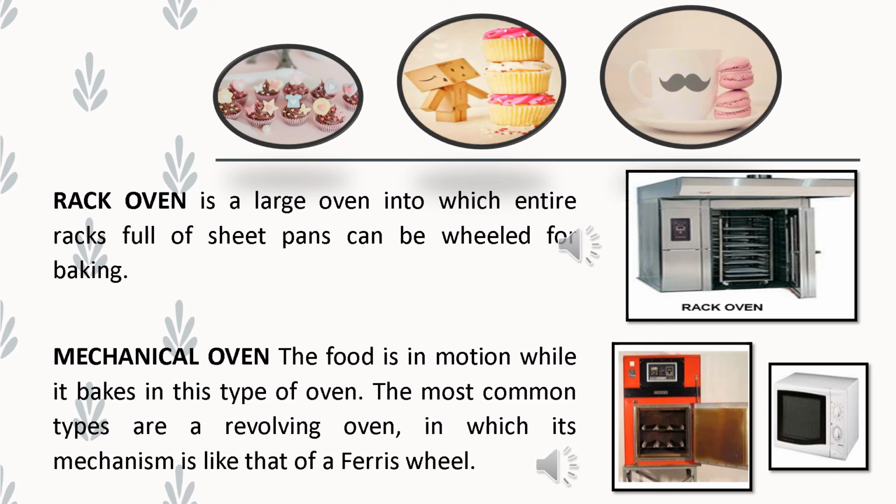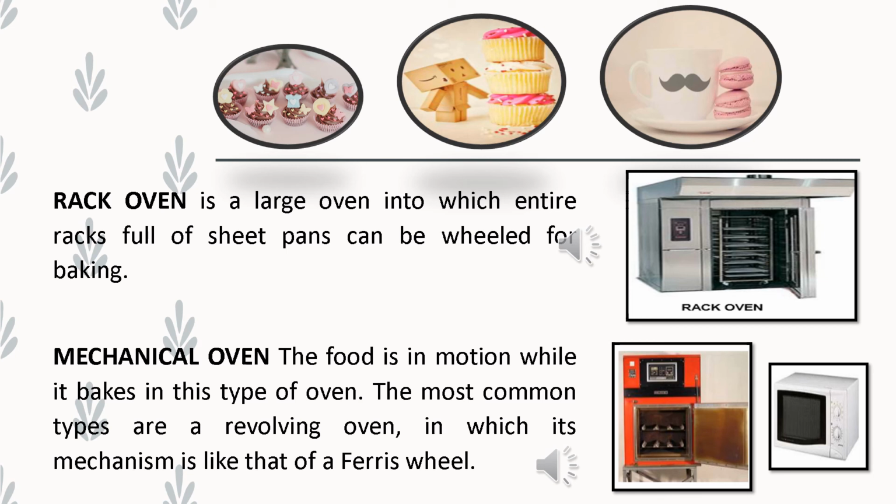Mechanical oven. The food is in motion while it bakes in this type of oven. The most common type is a revolving oven, in which the mechanism is like that of a Ferris wheel. The mechanical action eliminates the problem of hot spots or uneven baking because the mechanism rotates throughout the entire oven.